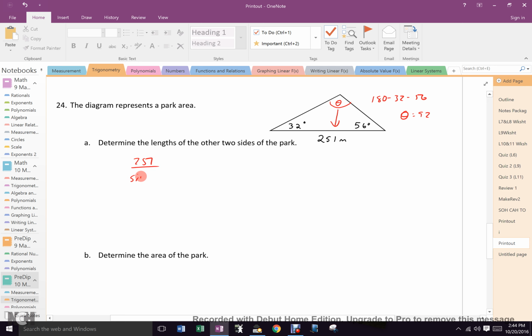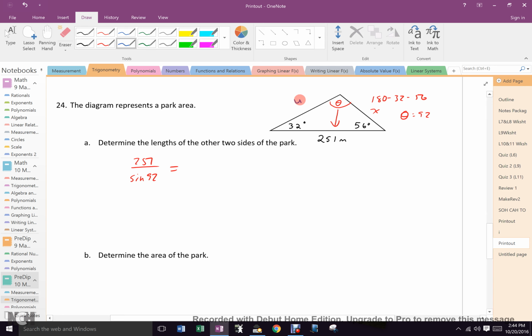251 over sine 92 equals x over sine 32 and y over sine 56.